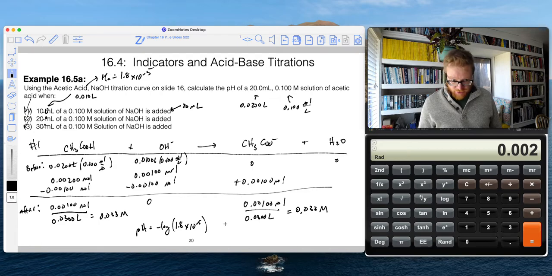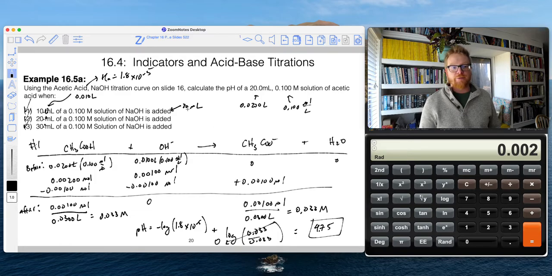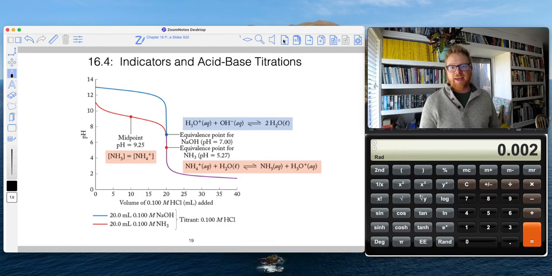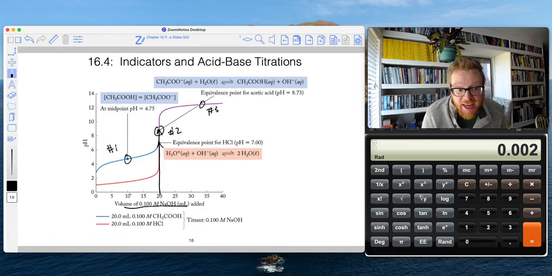I'm using Henderson-Hasselbalch, so plus log of 0.033 divided by 0.033. That drops out to 0 because the log of 1 is 0. Then pH equals the negative log of 1.8 times 10 to the negative 5, which is the pKa, and that's 4.75 for number 1.